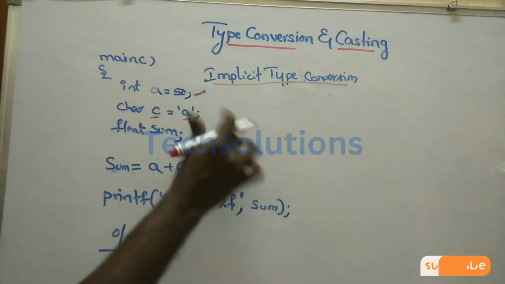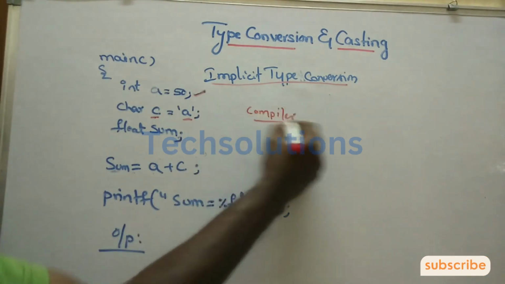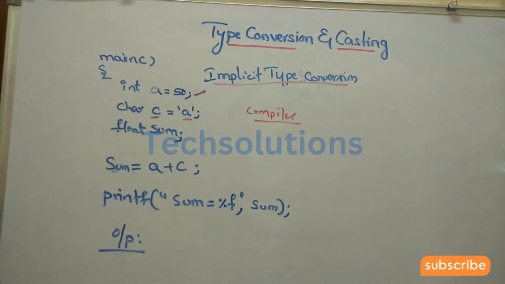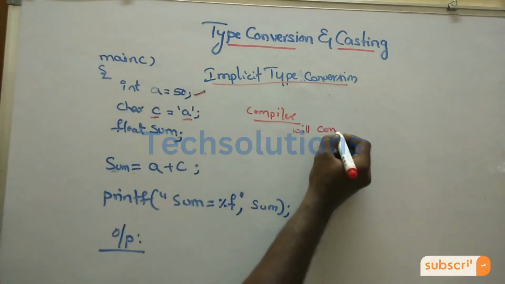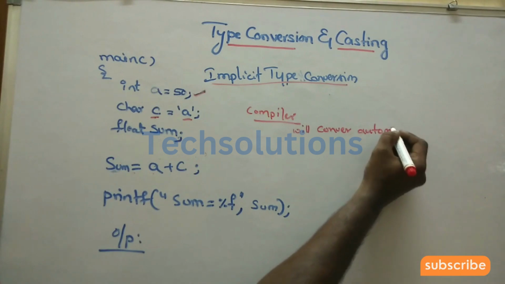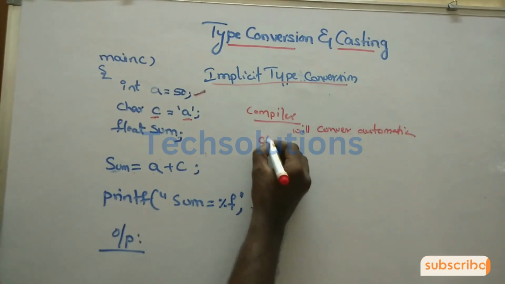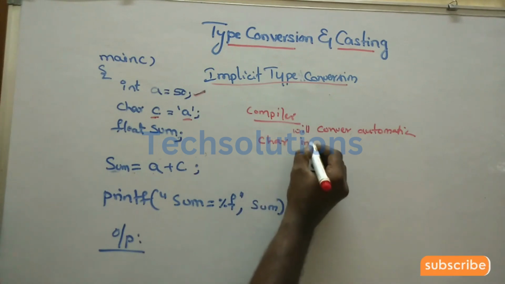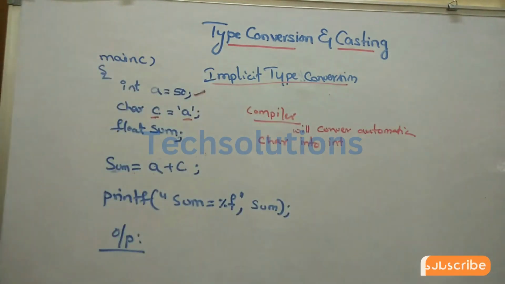So here the compiler will convert automatically, from character into integer.